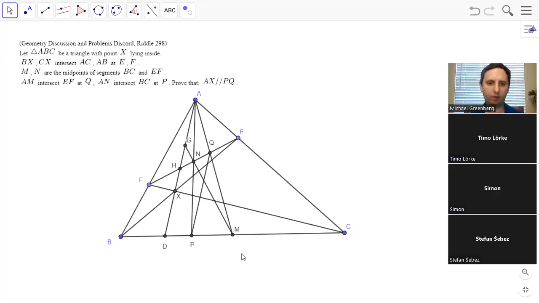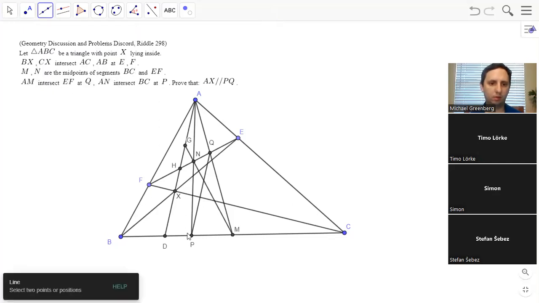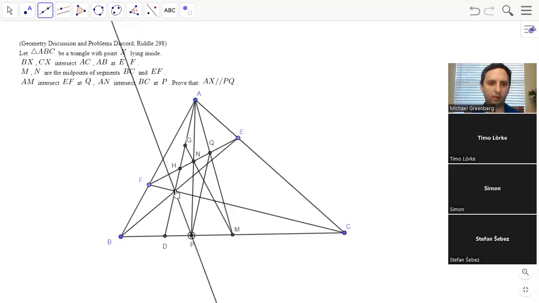Is there some kind of cross ratio? I want to add in this point or something. Intersect PX with EF. Okay. PX. All right.